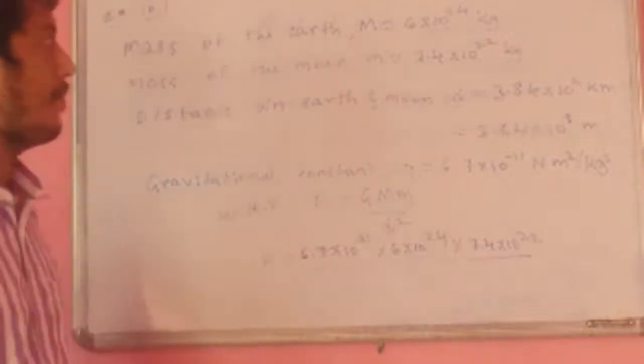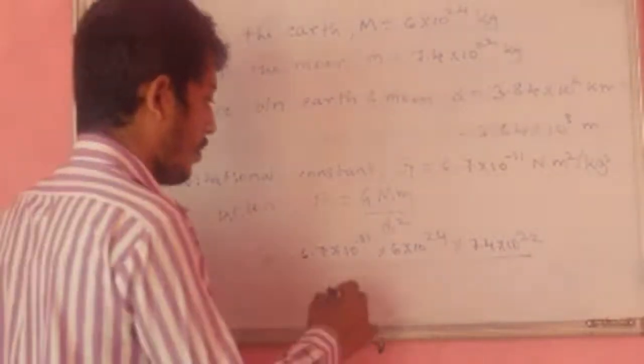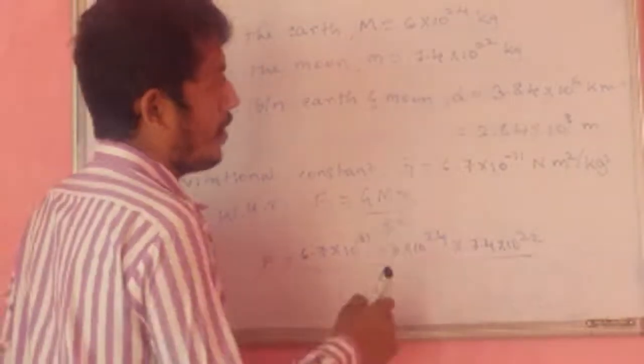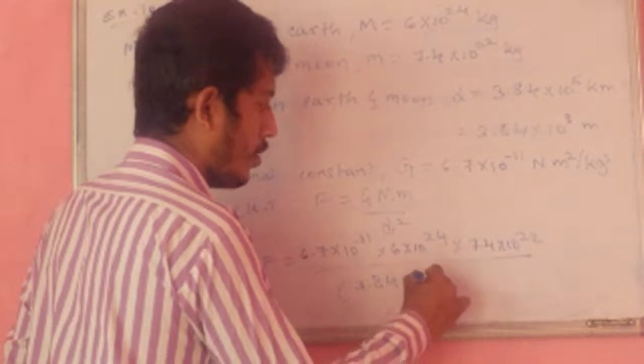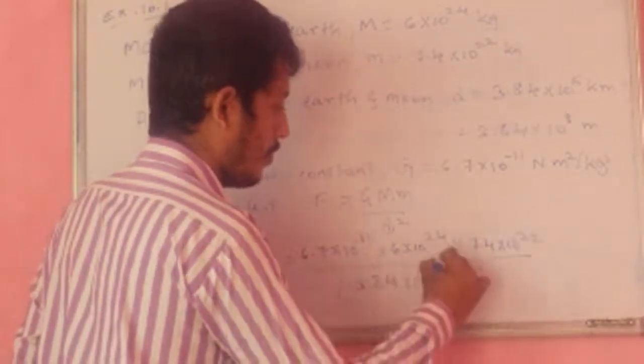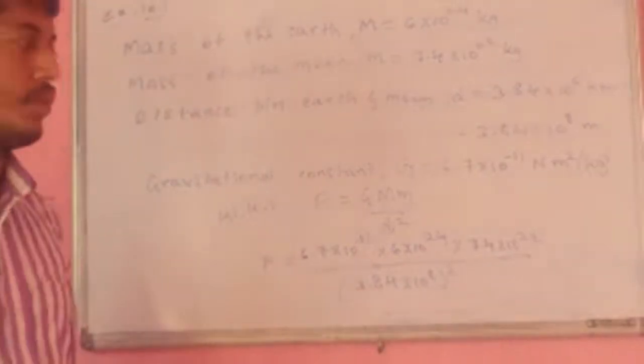Divided by d square, where d is 3.84 into 10 raised to 8, whole square.